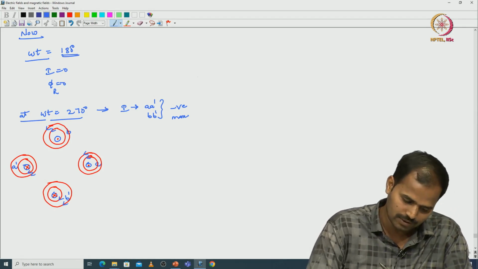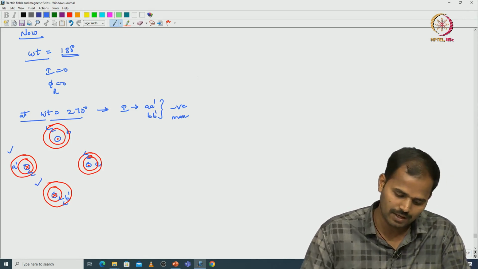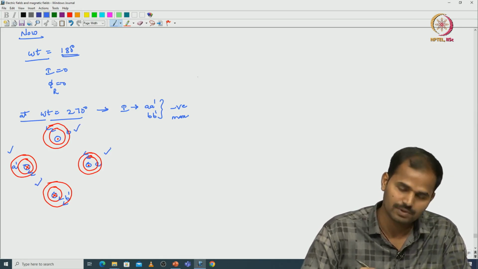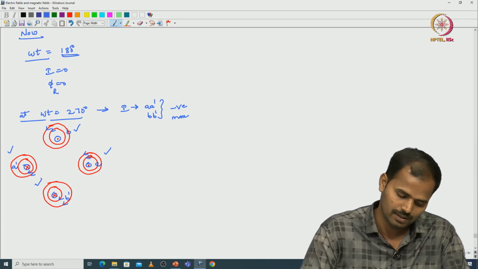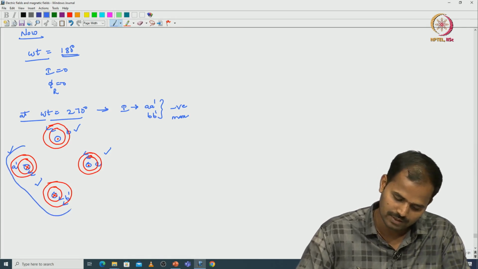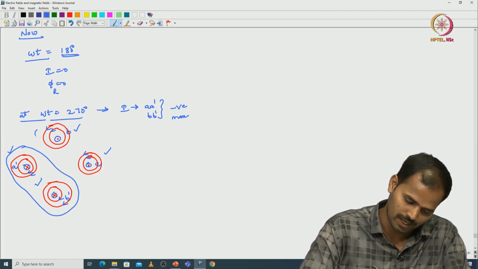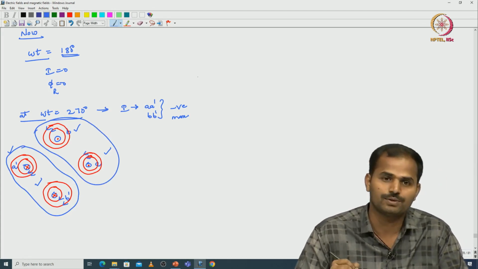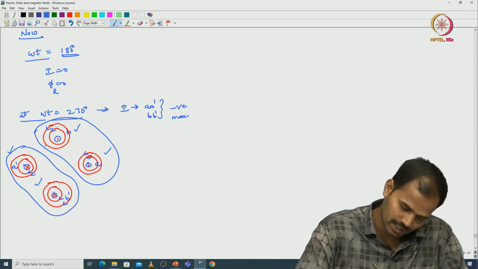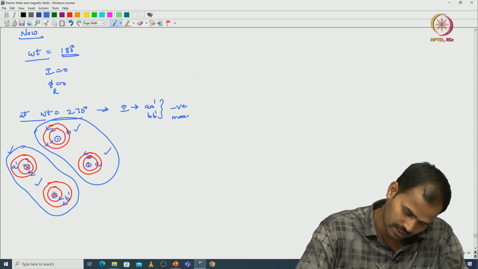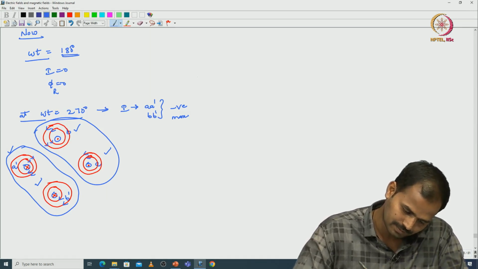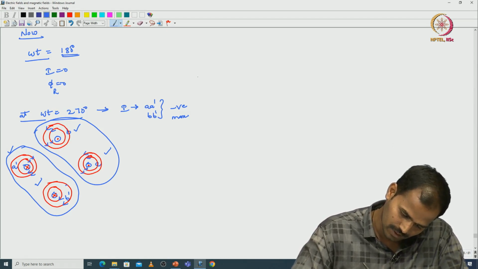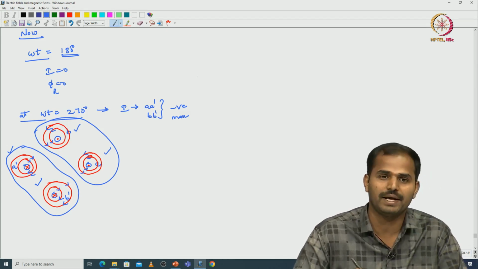So, these two flux loops are additive and these two flux loops are also additive. So, the resultant flux loop will be in this manner, and with respect to the two dots the resultant flux loop will be in this manner. We can see the resultant flux direction, all loops are in the same direction.